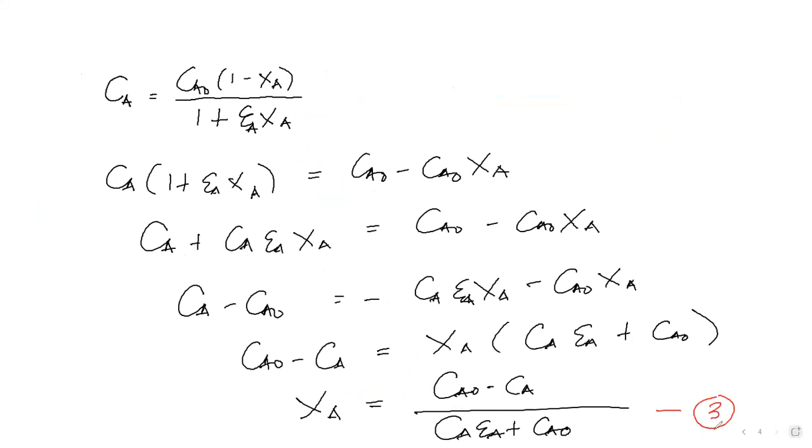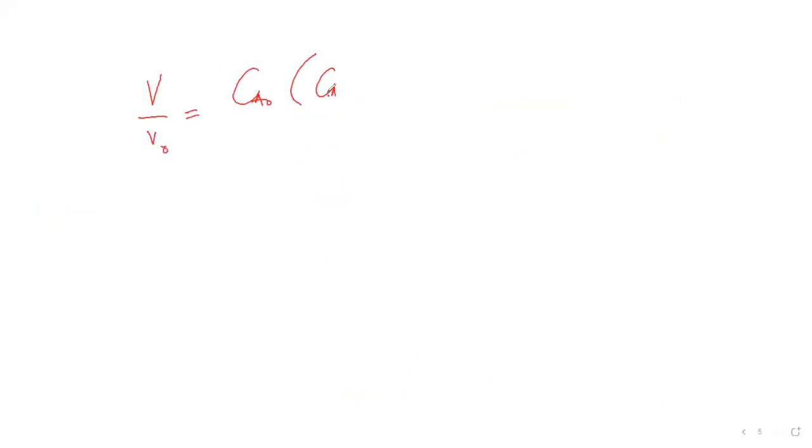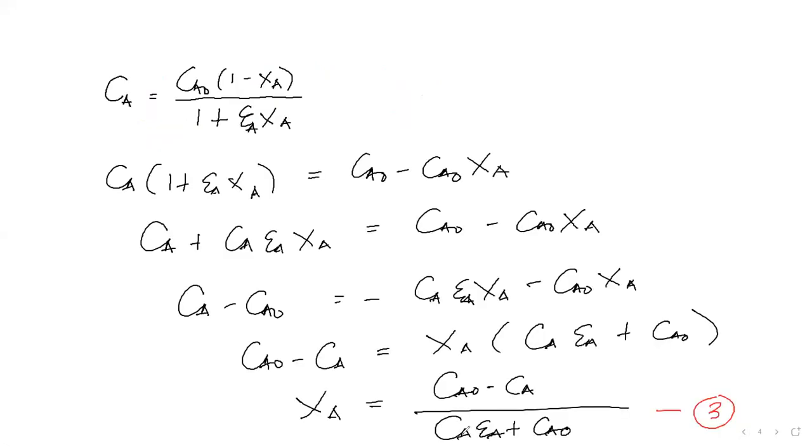Then we go to the formula that we have, V over VO is equal to CaO. The XA that we'll be using is this XA formula here. CaO minus Ca all over, I'm copying this one, Ca epsilon A plus CaO.